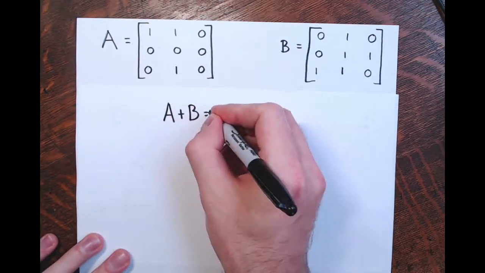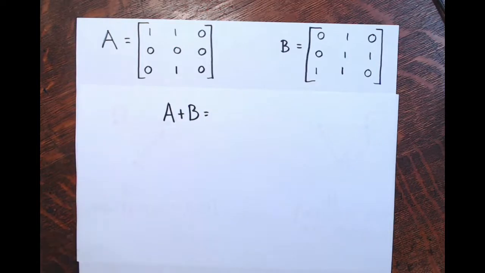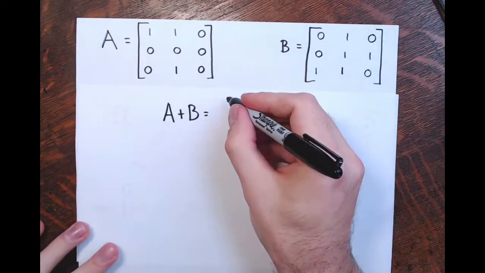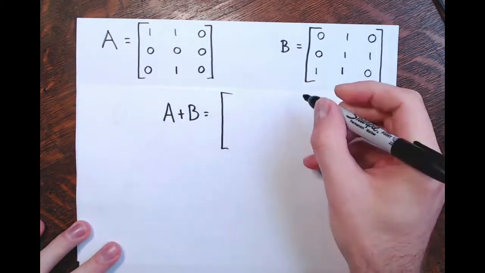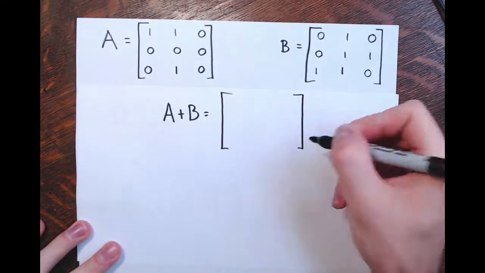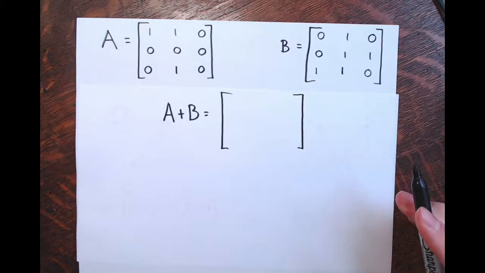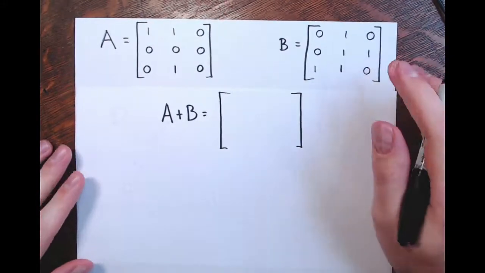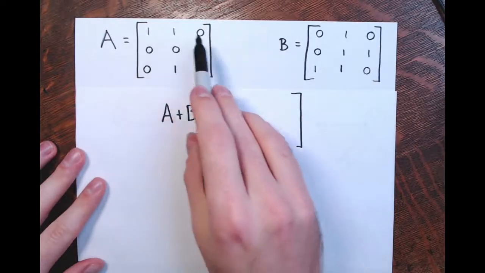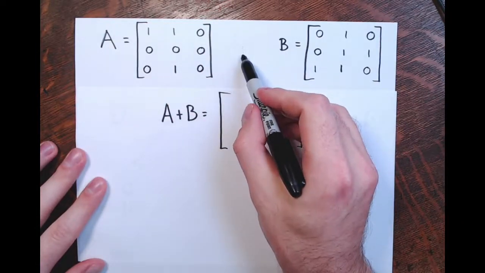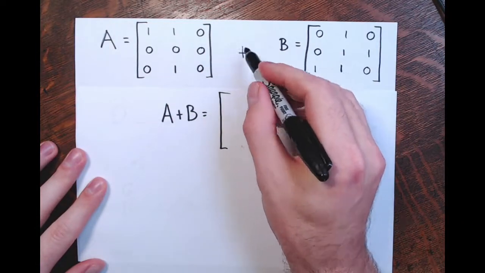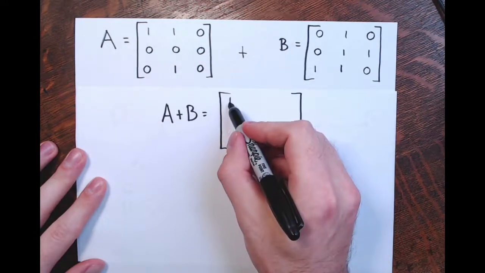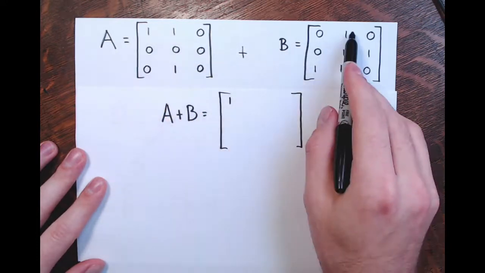Now these both again have the same size. They have to have the same size if you're adding them. And the result will be the same size, a 3 by 3. So I have 9 entries to fill. And it's a lot easier than multiplication. It's just adding the corresponding elements. So 1 plus, I'm adding these now, A plus B. 1 plus 0, 1. 1 plus 1, 1.